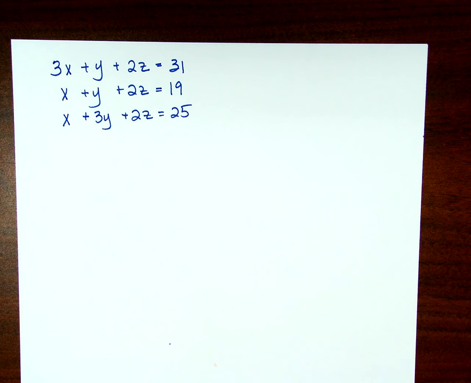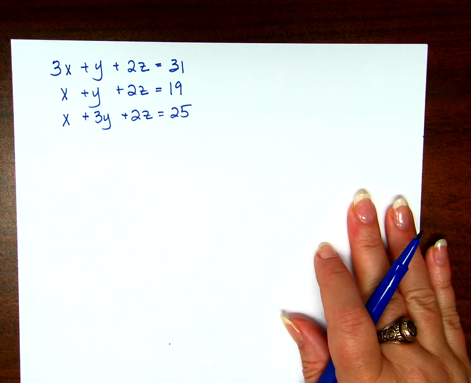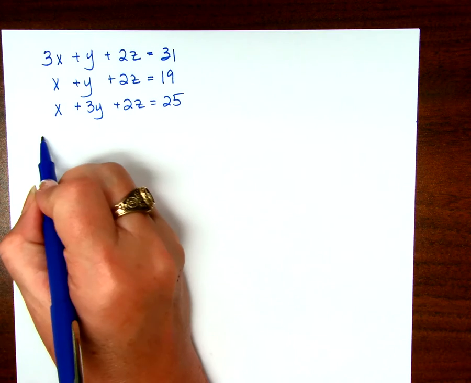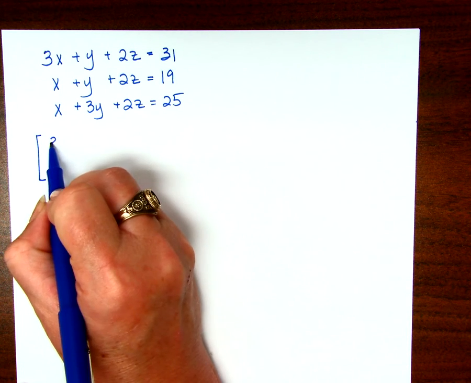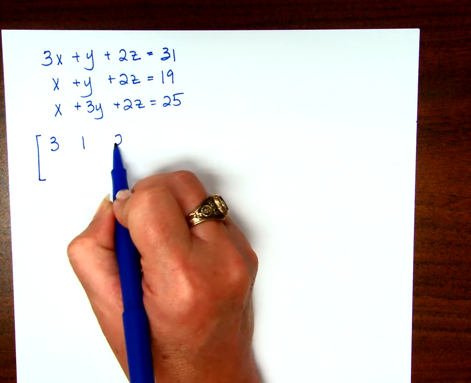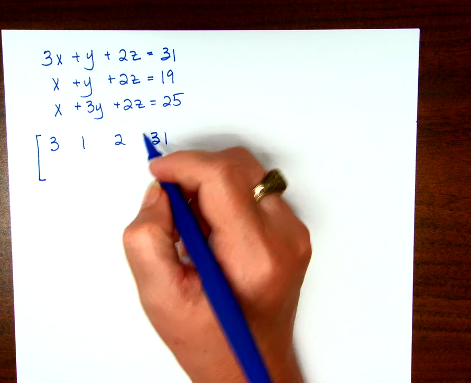Got it okay? All right. First things first. What's the matrix going to look like that we use? 3, 1, 2, 31, right?